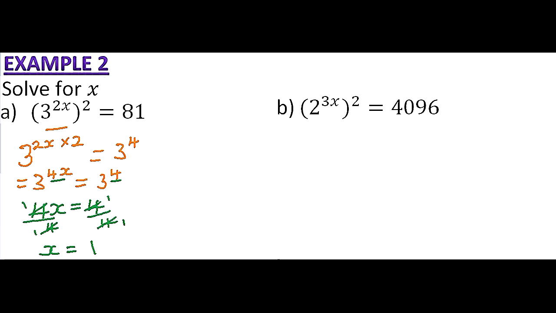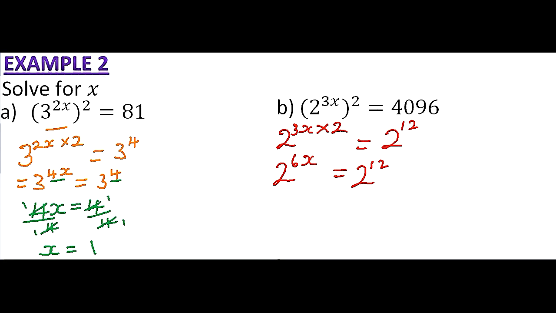Come to the second question. We do the same. We open the bracket by applying the third rule of indices. So we have 2 to power 3x multiplied by 2 is equal to 4,096, which is the same as 2 to power 12. You can find that using a calculator or mathematical tables. Now when you multiply, you get 2 to power 6x is equal to 2 to power 12.